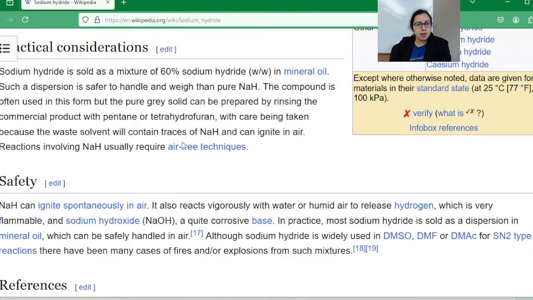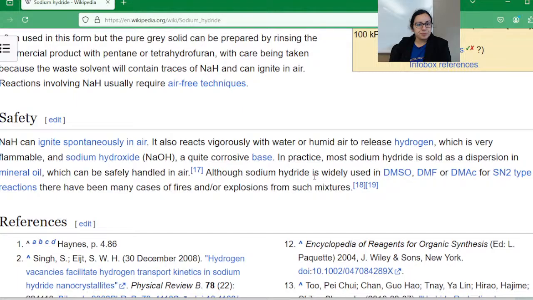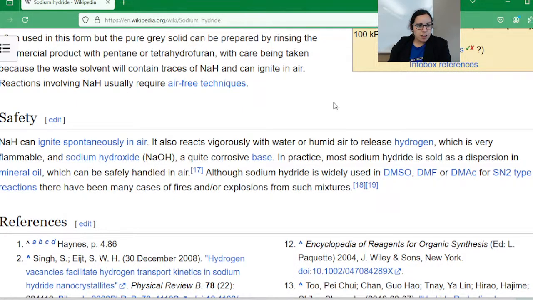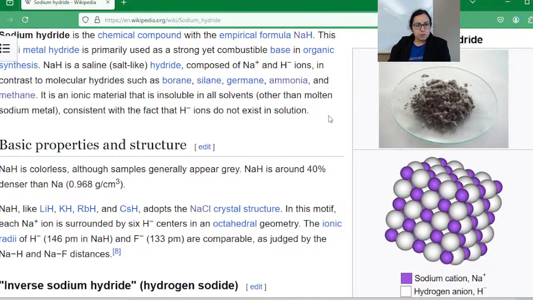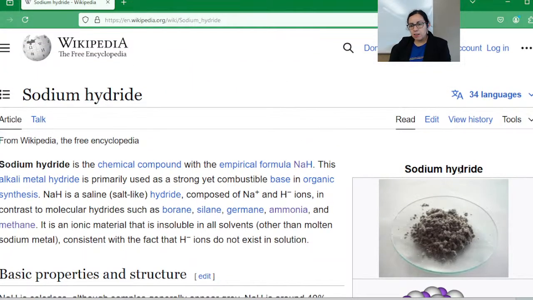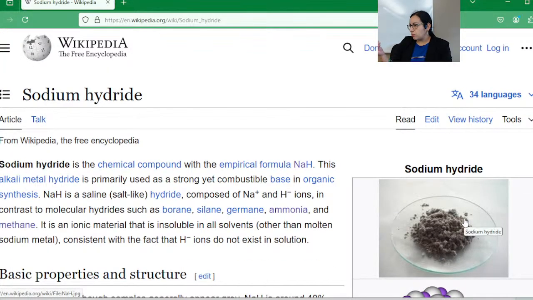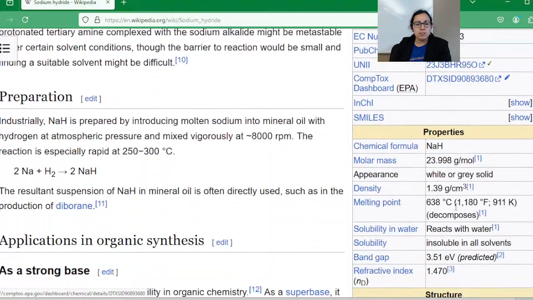And so it can light up in air. So it ignites in air, which if you read this Wikipedia, if you have like 95% sodium hydride, that's super flammable, like residues of that can start trash fires in a research setting.